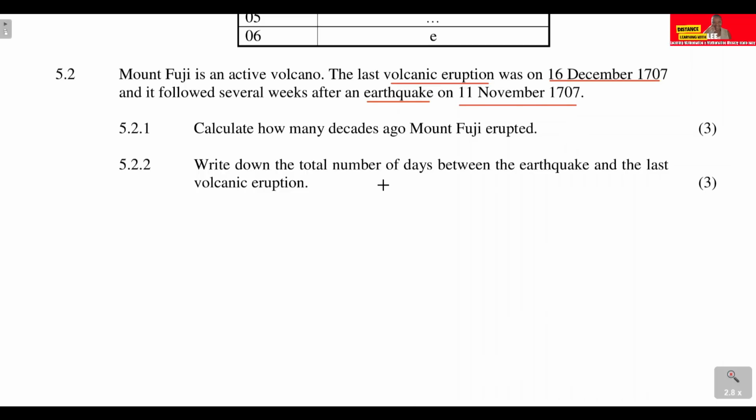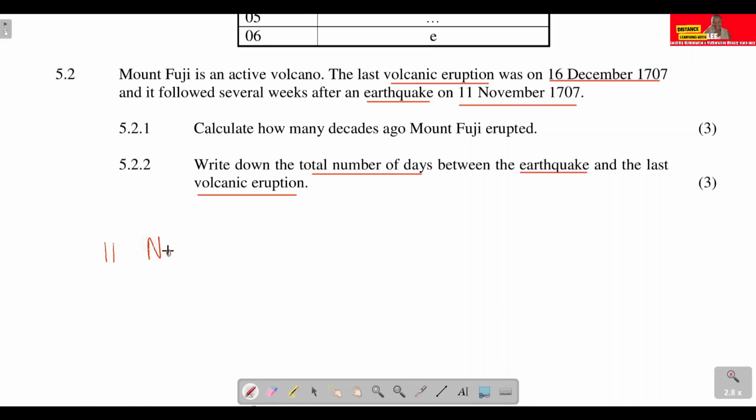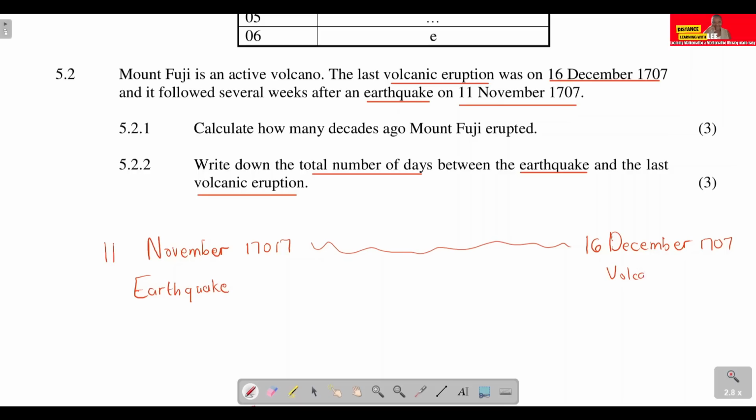So we need to write down the total number of days between the earthquake and the last volcanic eruption. The earthquake occurred on the 11th of November, 1707, and then a number of days passed, and then we had a volcanic eruption on the 16th of December, 1707. We now want to determine those days between the earthquake and the volcanic eruption.